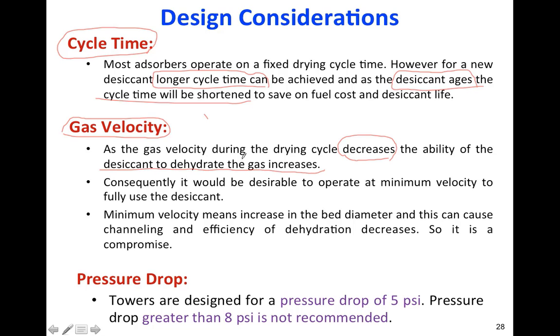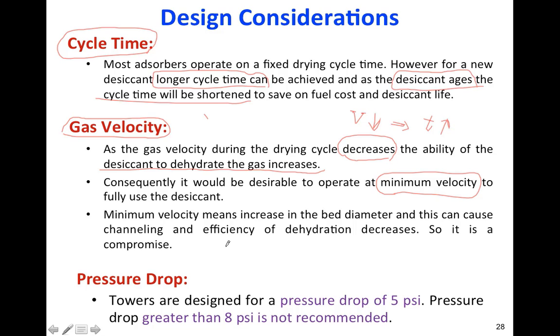So during the drying cycle, during the adsorption, if we have less gas velocity, it means we have higher residence time, and the gas will be in more contact with the solid particles, so more water will be separated. So it's better to work at minimum gas velocity for the full use of solid particles.